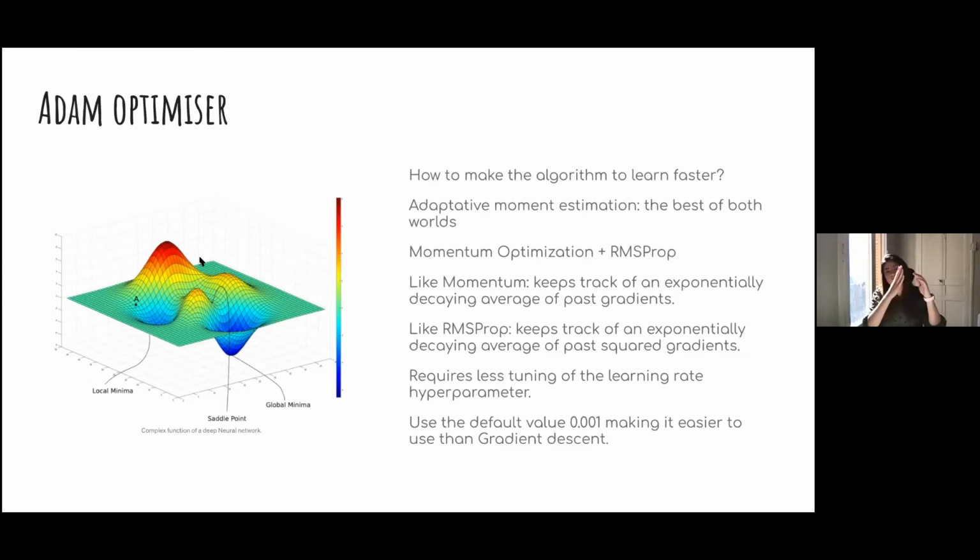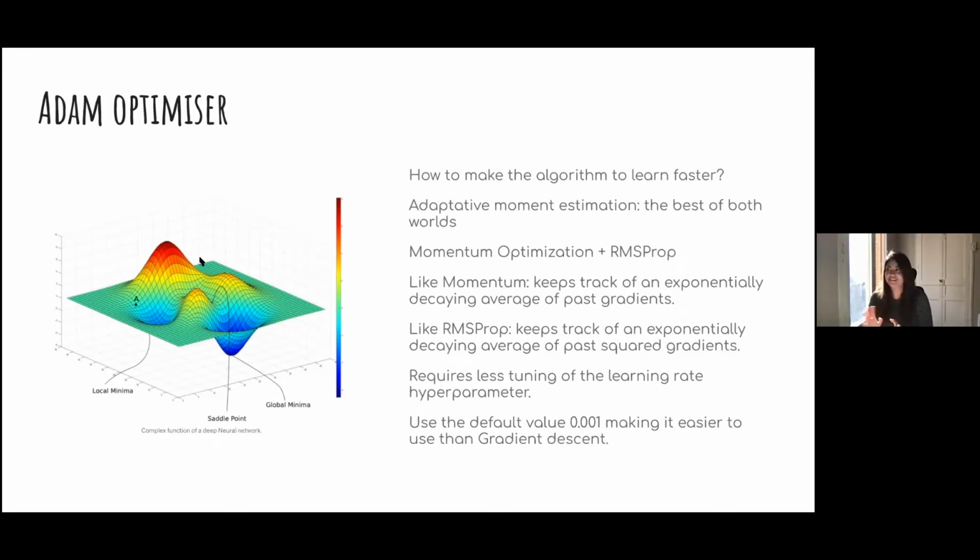So the water will go down till the lake. But probably imagine that there is one small lake before. So if it goes that fast, then it will stay in that small lake, but it's not the one that you want. It's not your final destination. But that doesn't mean that if you go slower, then you will get to the final destination. So this is the learning rate, thinking how fast your water goes into the lake.